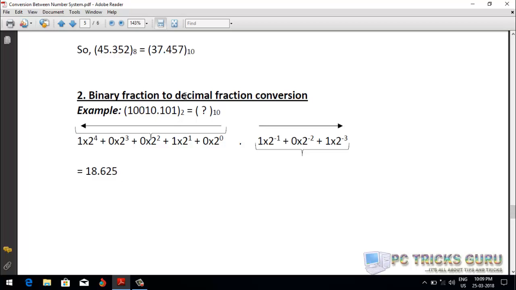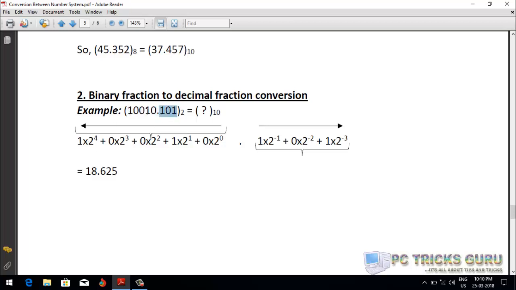We have a binary fraction to decimal fraction conversion. So here 10010.101 base 2 is equal to base 10, and we have to find out the value of this question mark. What will be the value here? So write the left part and right part separately.